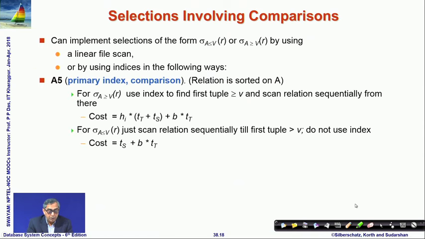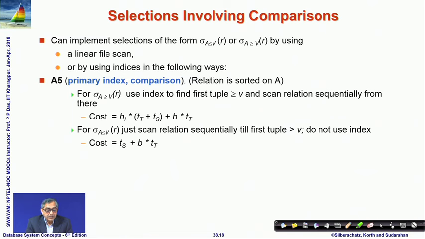So, if we have a primary index and we are using a comparison, then what we need to do is find the first tuple which matches this condition, that is, A is greater than or equal to V. Once we have found that in a primary index, the following ones will all be ordered in that manner.